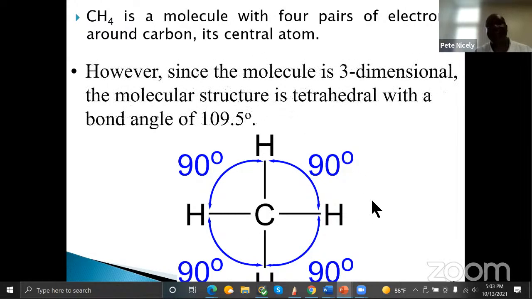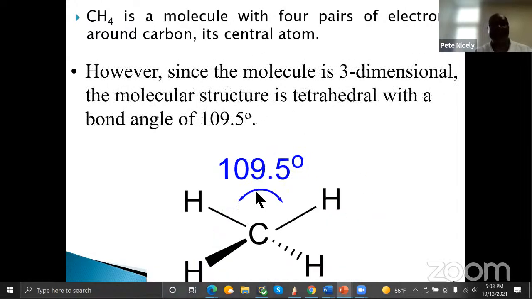The bond angle is now known to be 109.5, which gives more room for the bonds to spread, basically. So this would be the arrangement of any molecule where you have a central atom bonded to 4 other atoms, and there are no lone pairs on the central atom. All right. So that is true for methane and true for other molecules that have that arrangement.